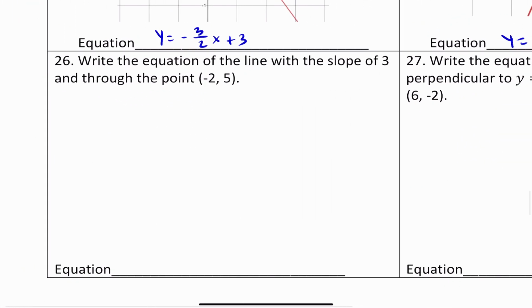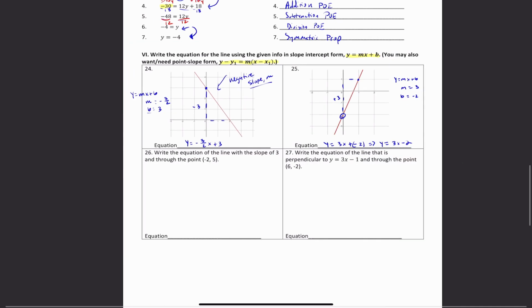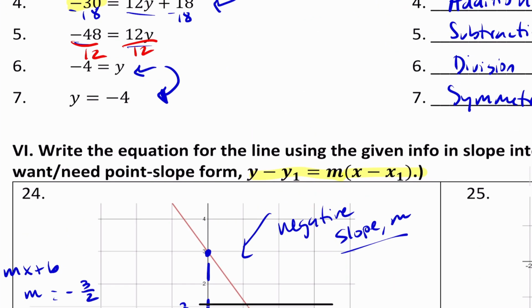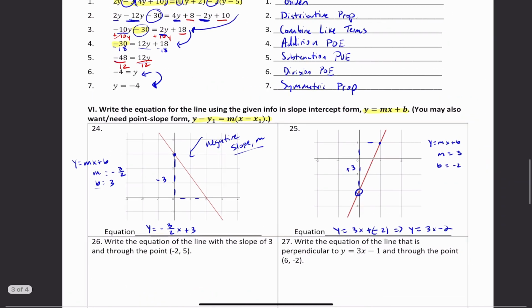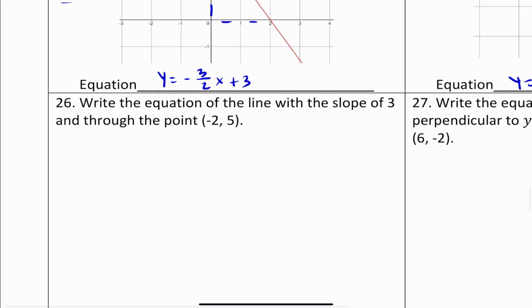Number 26, write the equation of the line with the slope of 3 and through the point negative 2, 5. So if we go back, remember the point-slope equation is y minus y1 is equal to m times the quantity x minus x1, and that's only when you have a point and a slope. So I'm going to use that equation.